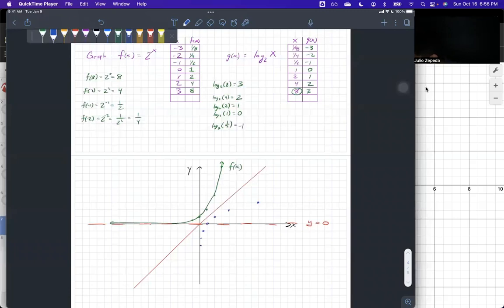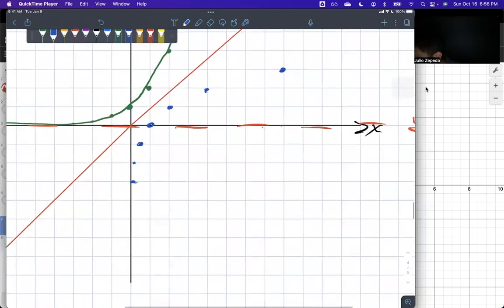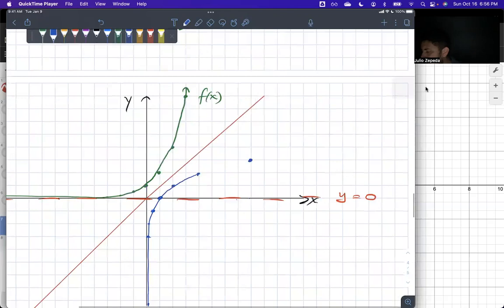And so we see a very similar behavior here. It does not cross the y-axis. It just keeps getting really, really close to it. My picture keeps showing like it's crossing. It does not cross, so let me see if I can fix that. Something like that. Of course, these are hard to approximate for really small values.